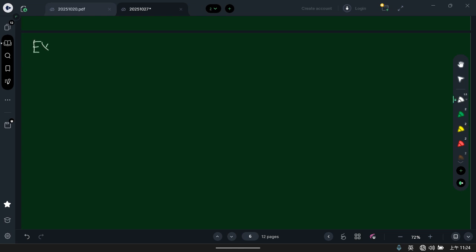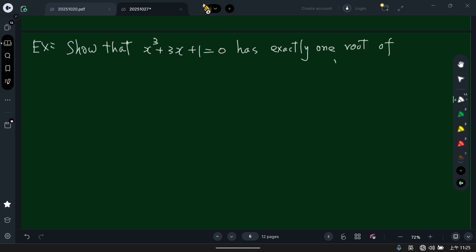So this example is just like that. Please show that x cubed plus 3x plus 1 is equal to 0 has exactly one root of real numbers.